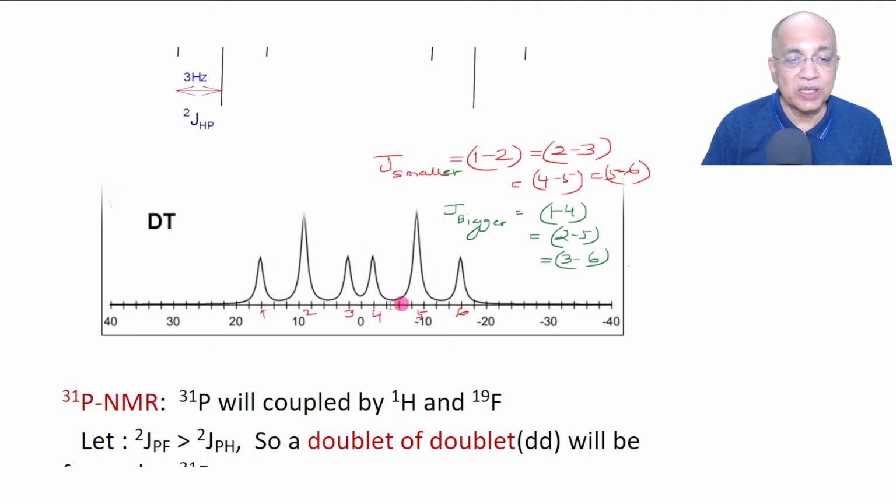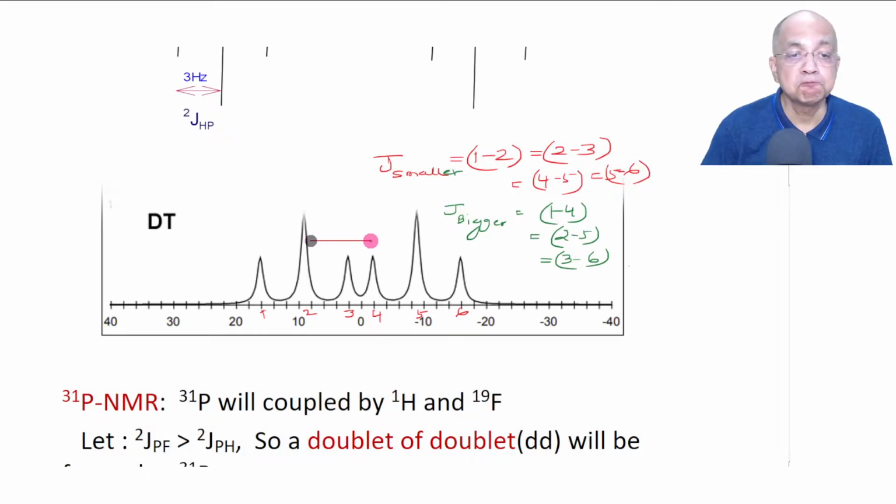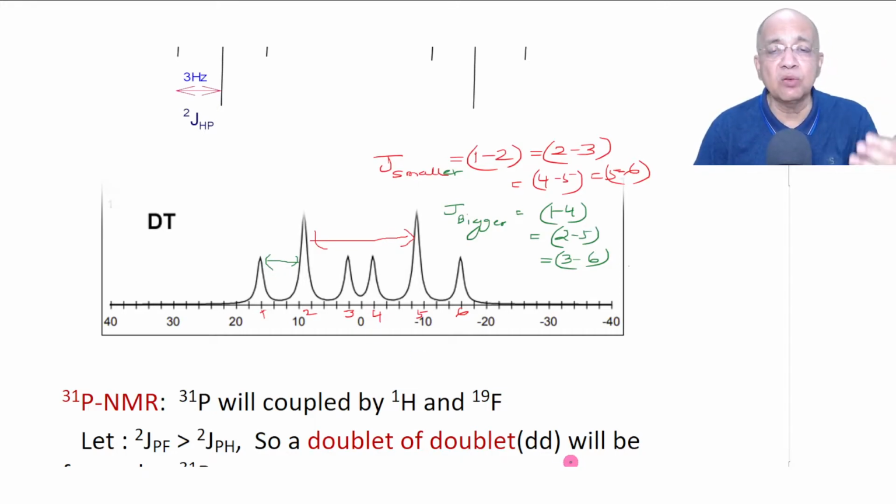So there are 6 lines altogether, and the separation between the midpoint and midpoint is the larger J. This one is the larger J, and you know this one is the smaller J. And how to calculate, I will take another video to show you how you can calculate J values of a complex multiplet, or simply multiplet of multiplets.